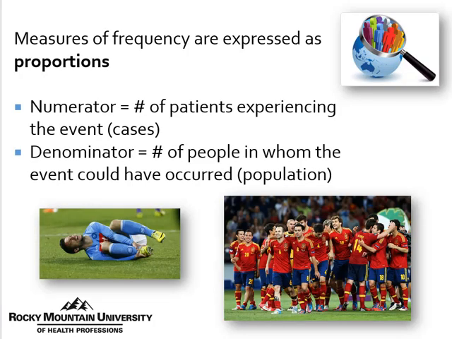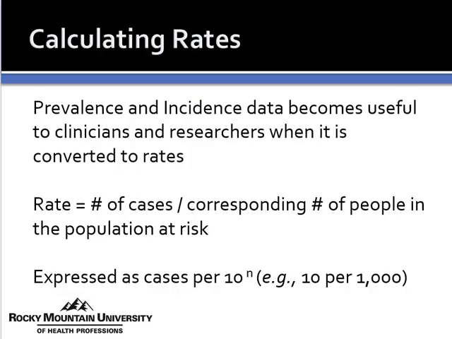Now, measures of frequency are expressed as proportions. In the numerator, that's the number of patients experiencing the event. Those are our cases. And in the denominator, that's the number of people in whom the event could have occurred. Prevalence and incidence data become useful to clinicians and researchers when converted to rates.